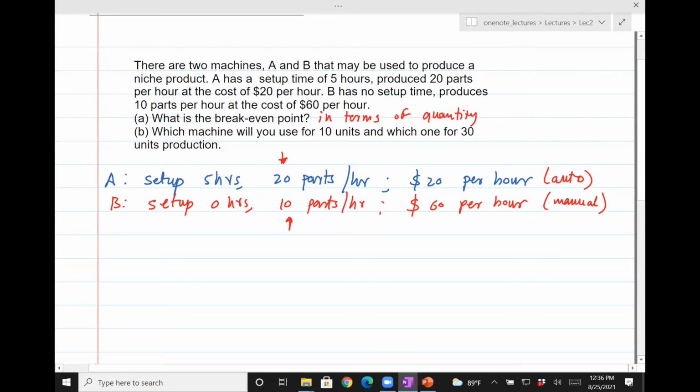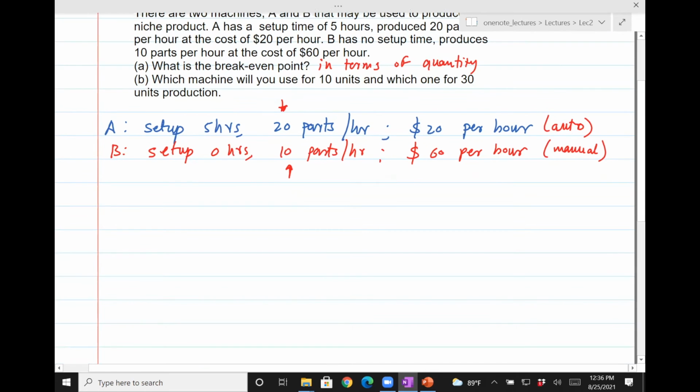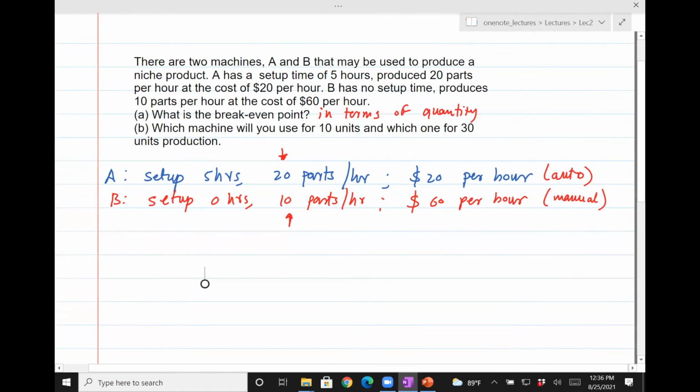That's what we're trying to do. So what we need to do is write an equation for the cost as a function of quantity.